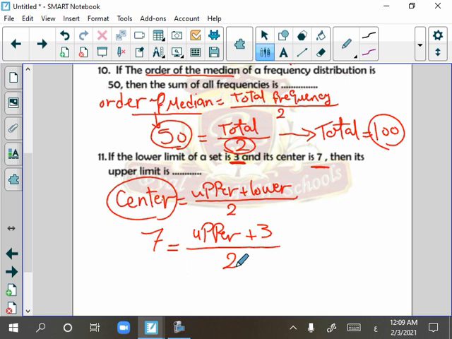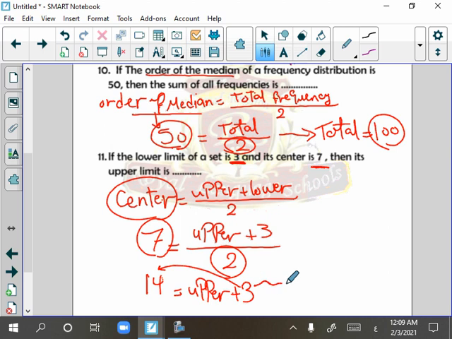We will make cross multiplication, and then 2 times 7 equals 14, which equals upper plus 3. When 3 goes to the other side with the opposite sign, then upper equals 14 minus 3, which equals 11. Then the upper limit equals 11.